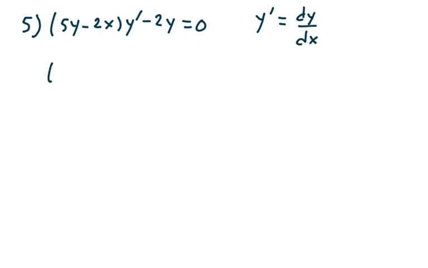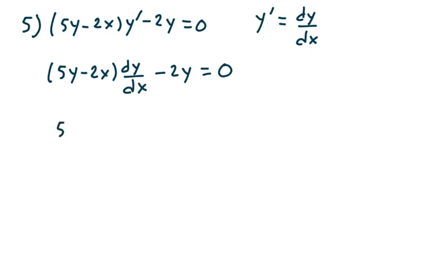And so I can write this as 5y minus 2x dy dx minus 2y is equal to 0. Now, this can be written as 5y minus 2x dy minus 2y dx is equal to 0. But I want to write it in its proper form.